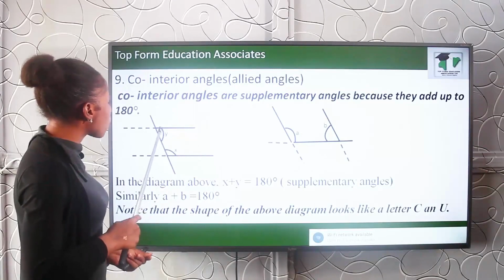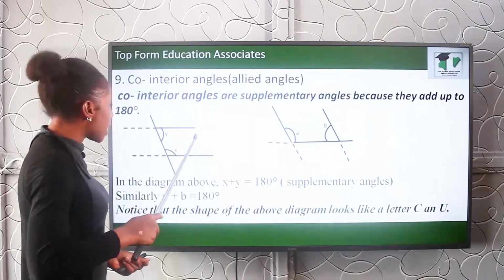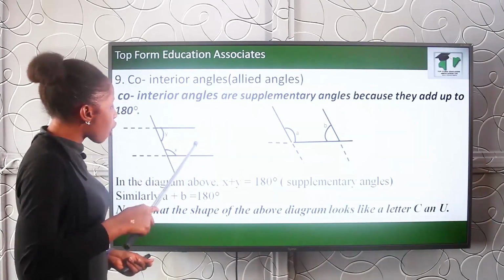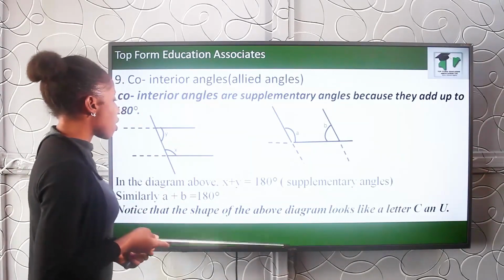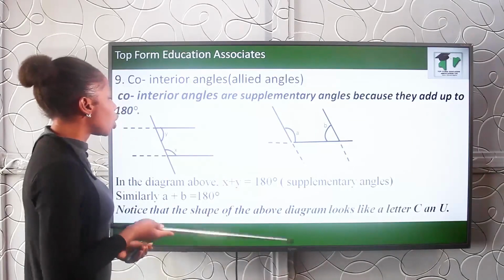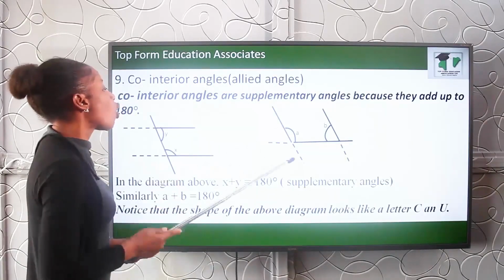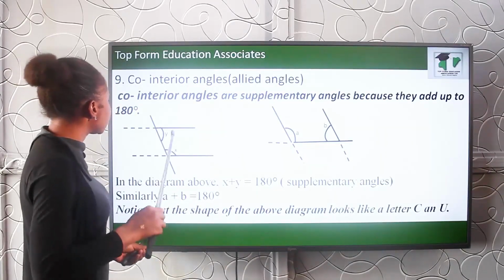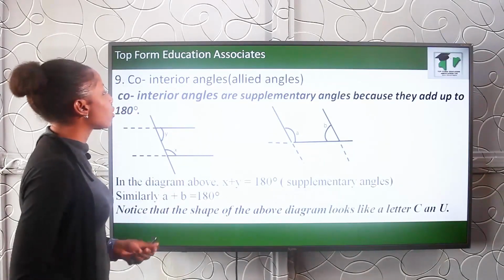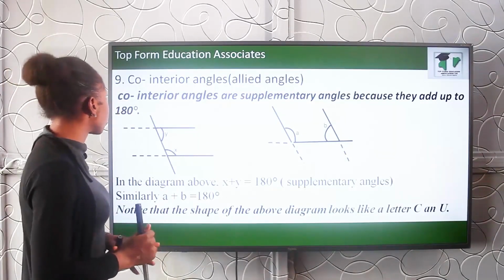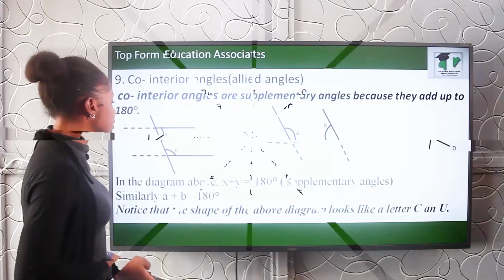You will see that the angles are in the interior of this shape. So co-interior or allied angles look like a letter C or U. They are the angles inside a C or U structure. I hope you understand that.